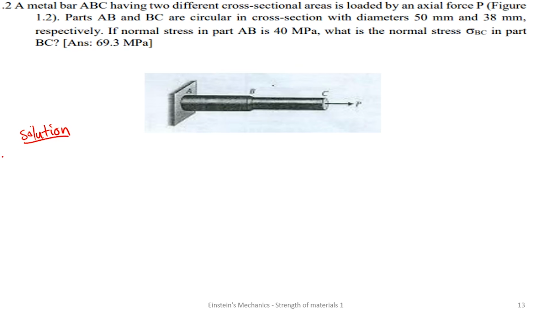We have diameter in part AB to be 50 millimeters, which is the same as 0.05 meters.